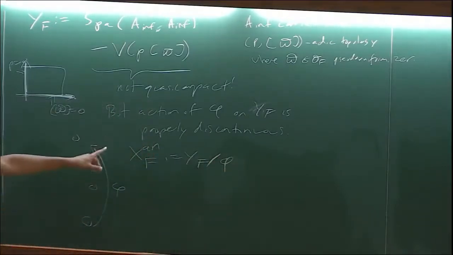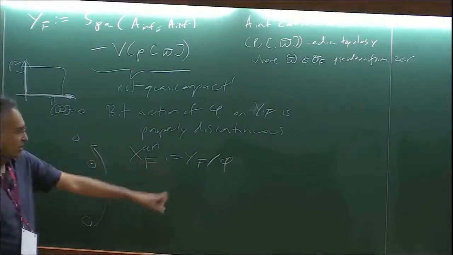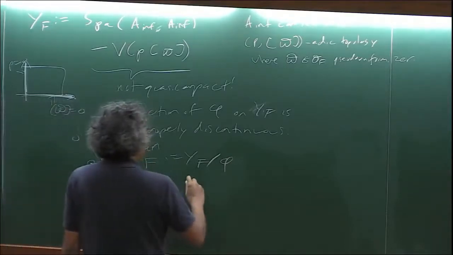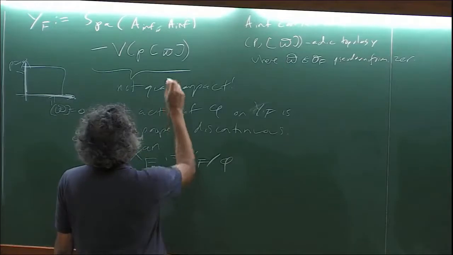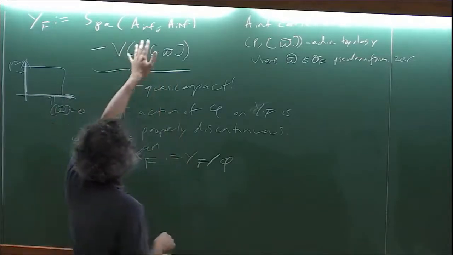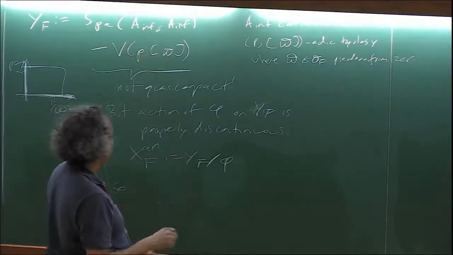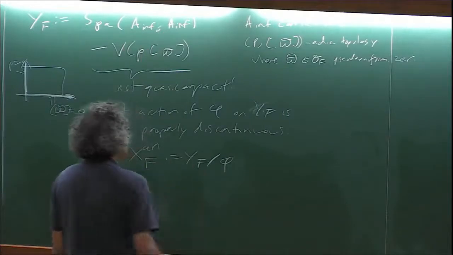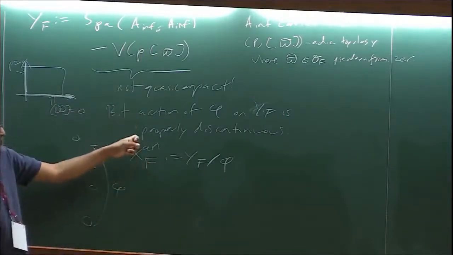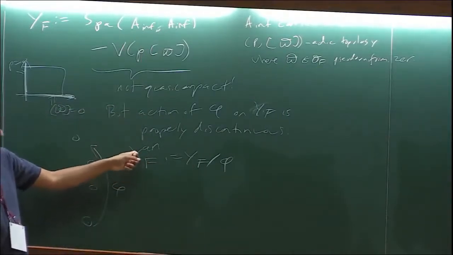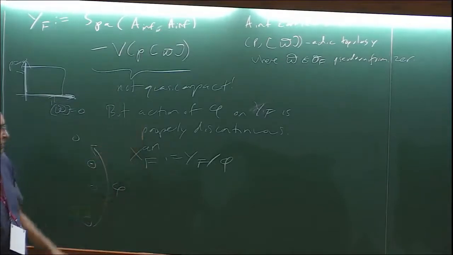If the action is properly discontinuous, then I can take the quotient, and this will be an adic space. Well, I also have to justify that the rings involved here are sheafy, but at least set theoretically, this is going to be a well-defined topological space as soon as I convince you of this.